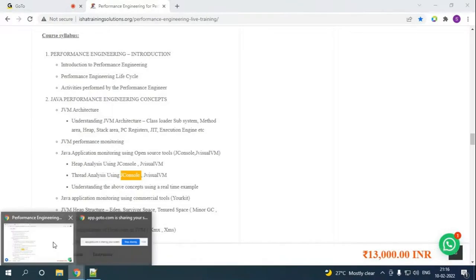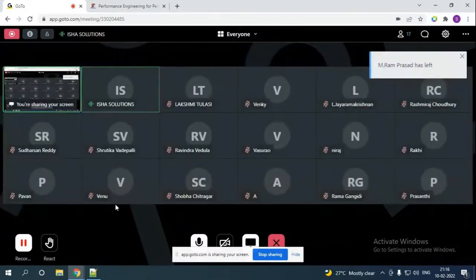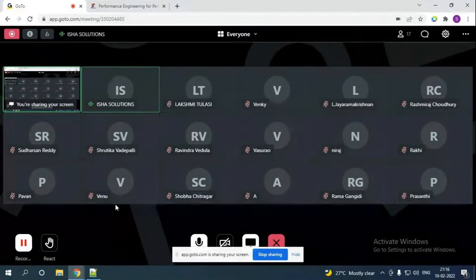I will explain that during the journey: which tool you are going to use, what strategy and steps you are going to follow, and how to identify problems in heap, thread and garbage collection.